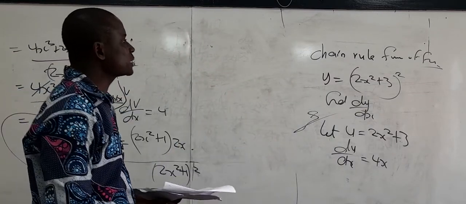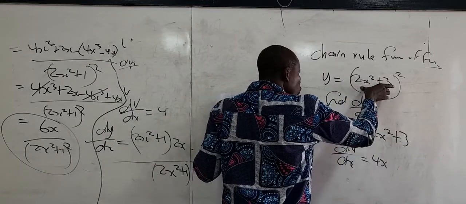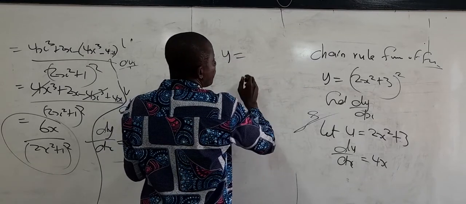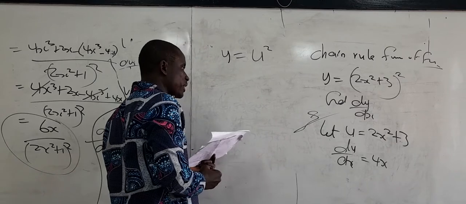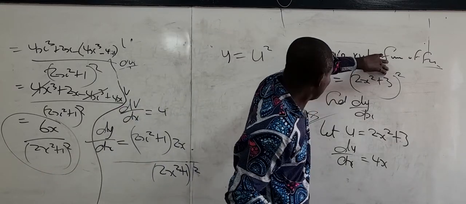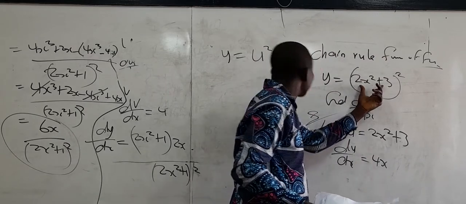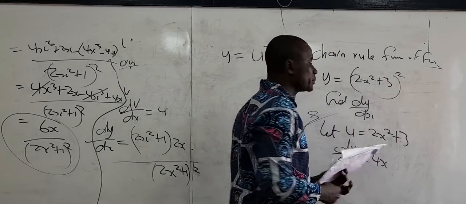Since you have made this one u, then of course y is equal to u squared. I'm repeating, I have to be very careful here. We let this one be equal to u, so we made this one u and we differentiated. Now u is here, so y is equal to u squared.